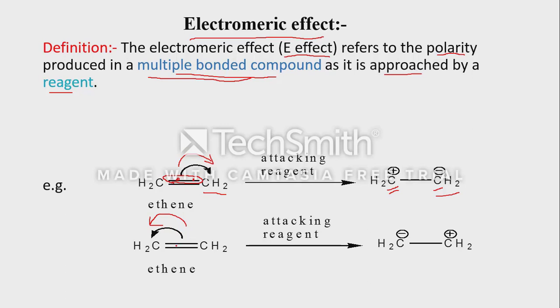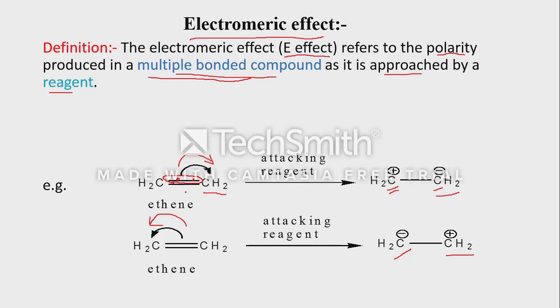If the pi bond's pair of electrons shifts onto one carbon, it produces a negative charge because it is electron rich, and the other carbon is electron deficient.